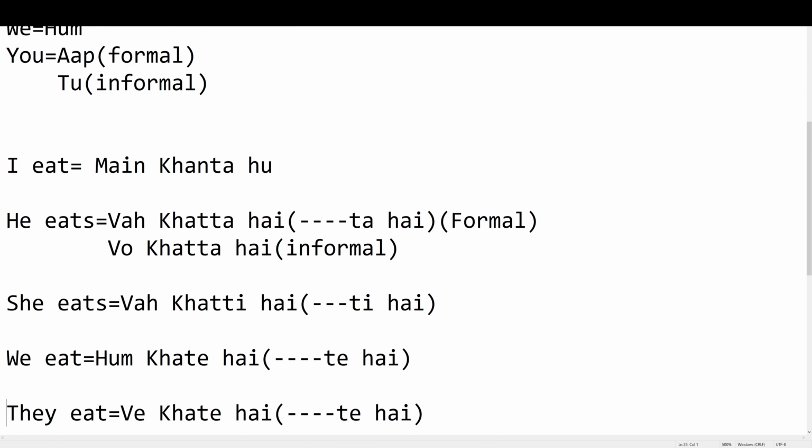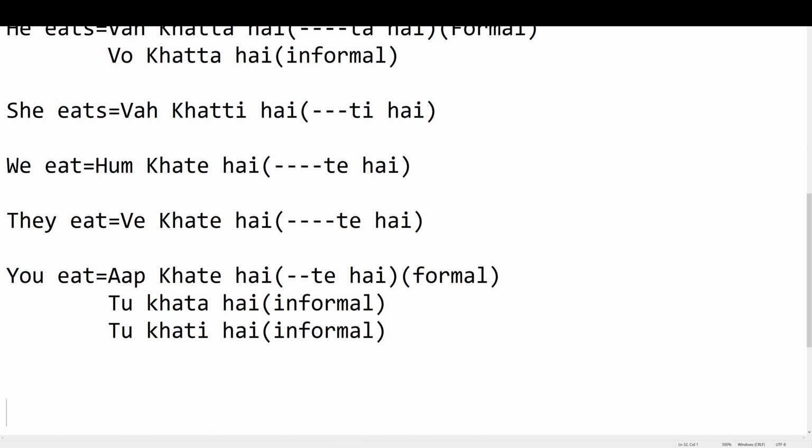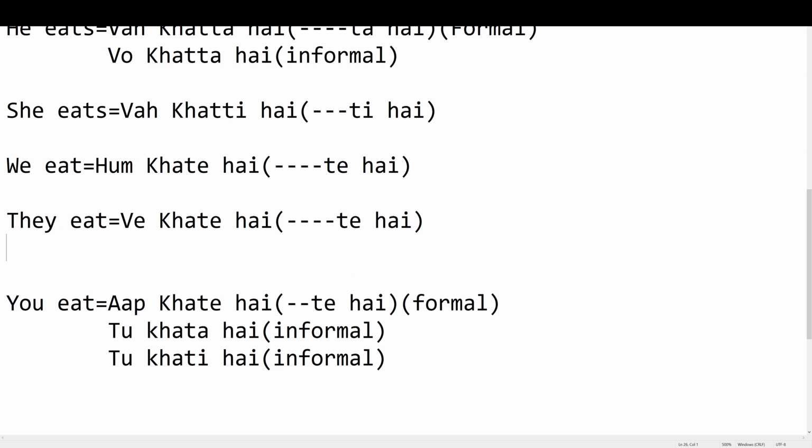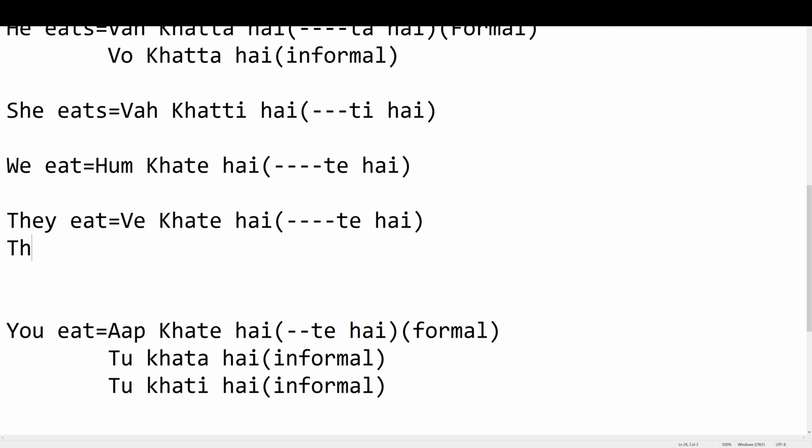One more thing I just want to tell you, that is if all are male, वे खाते हैं. If all female for they, that I want to tell you. They eat, okay, all female. In this case, how will you say? वे खाती हैं.